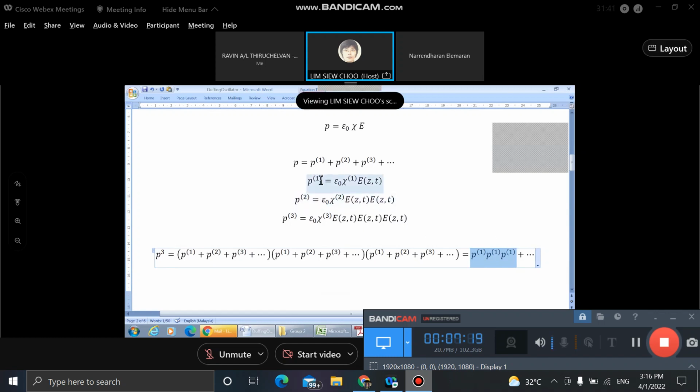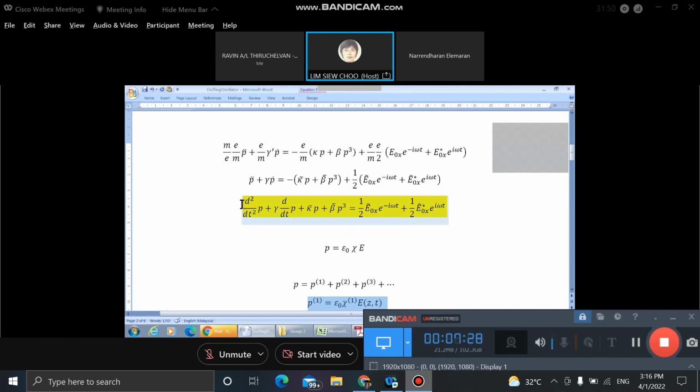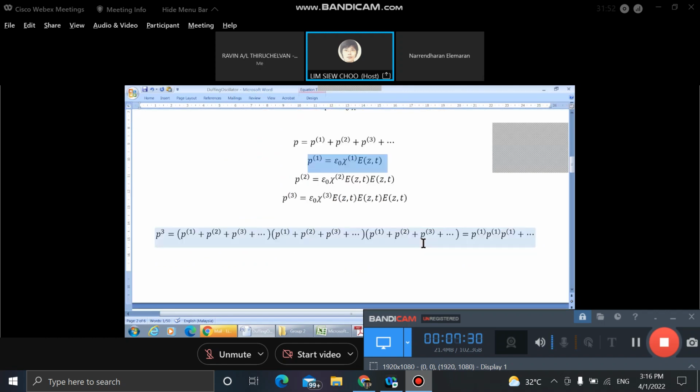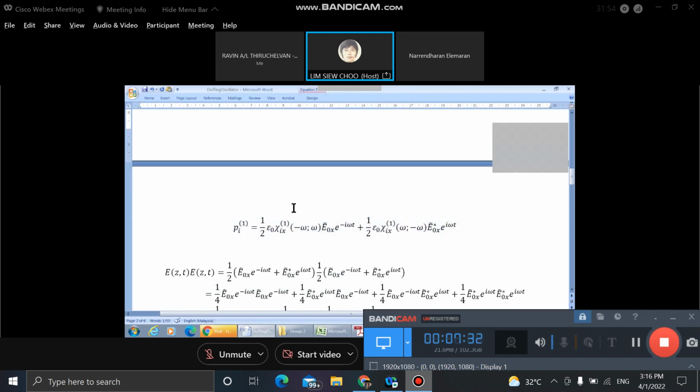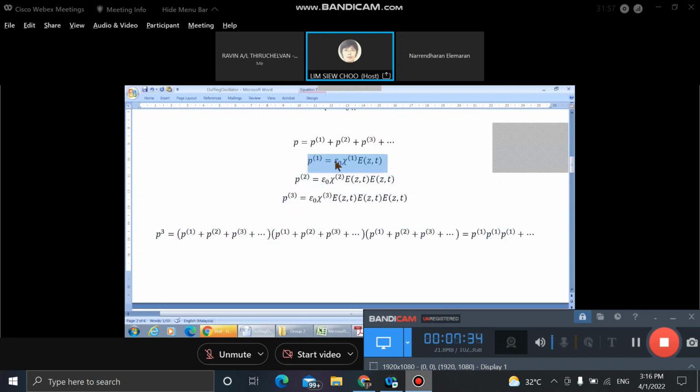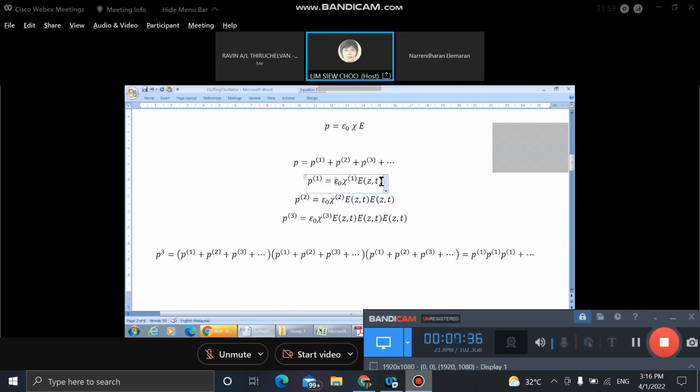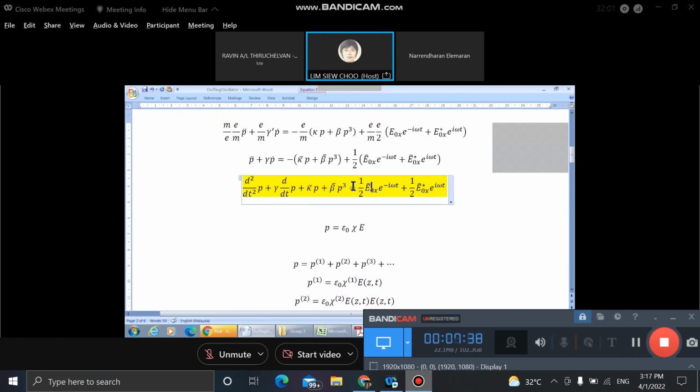We have to work out P1 first. We work out P1, P2, P3, and after this we substitute into the equation of motion. So our P1 is epsilon naught chi1 E. You substitute your E like this into here.